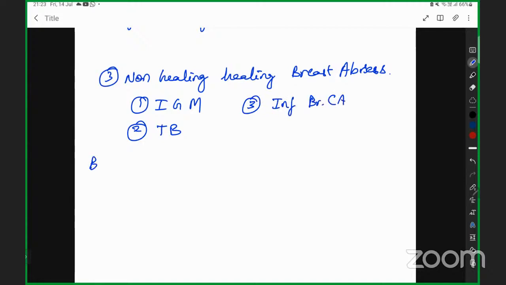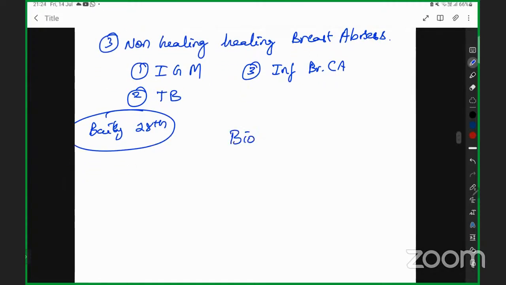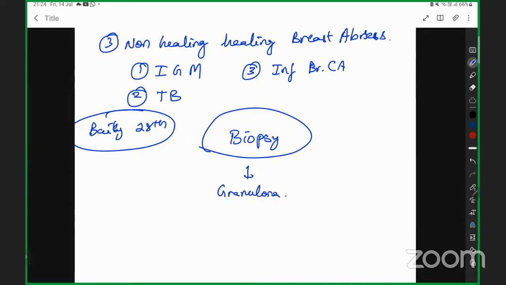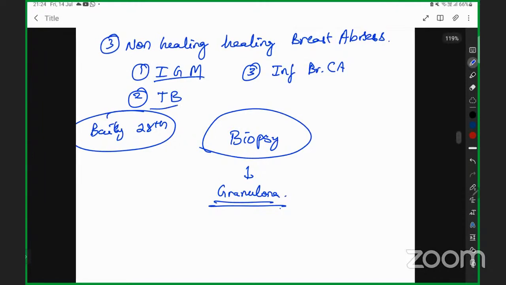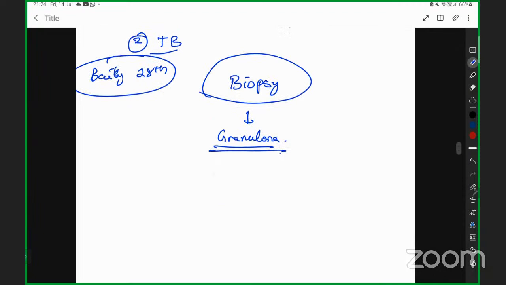The recent edition of Bailey, the 28th edition, tells you how to differentiate these three conditions. First, you go for a biopsy. On biopsy, you will be seeing a granuloma. After you see granuloma, you have two conditions: either idiopathic granulomatous mastitis, or TB. So you go for GeneXpert. GeneXpert will be negative if it is not TB.